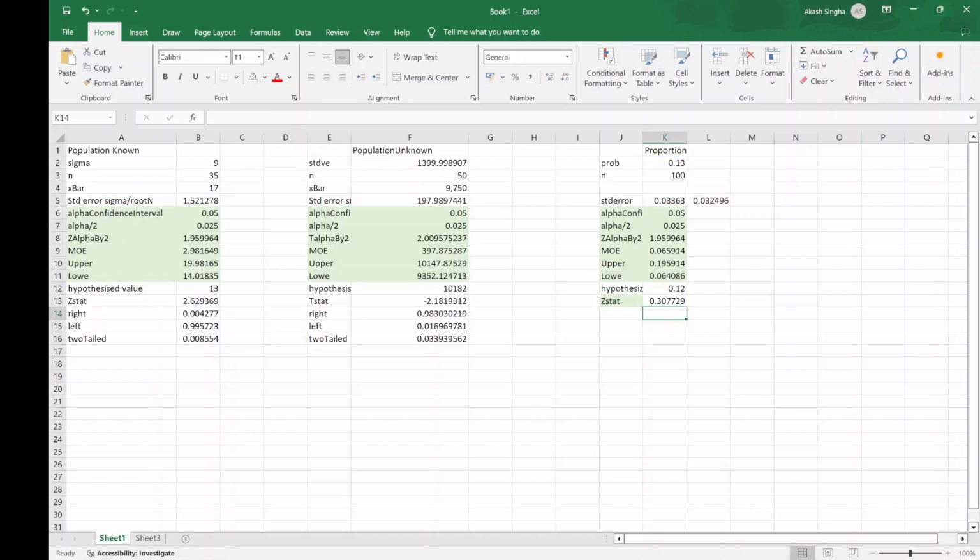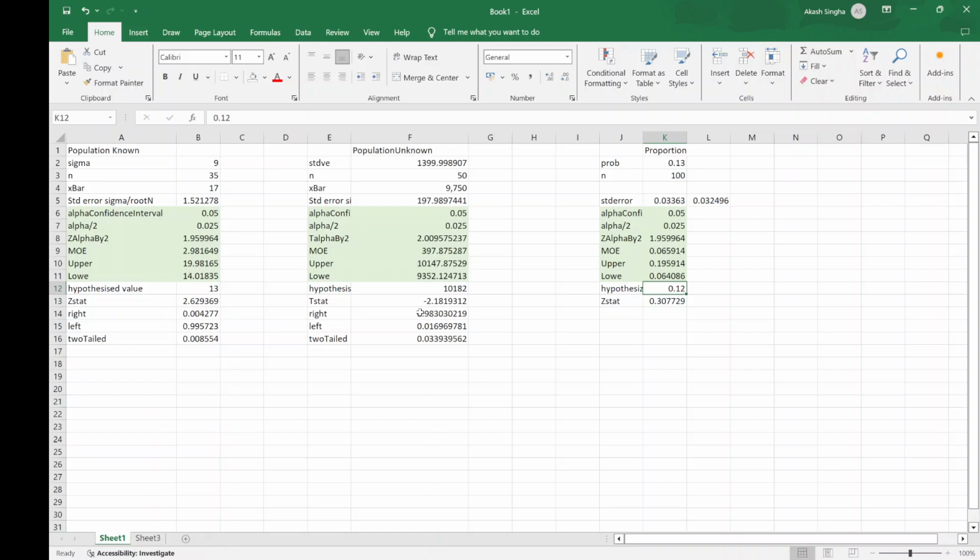So yeah, another thing to remember, if it is about confidence interval and everything, the standard error is calculated based on the sample probability, and if it is hypothesis testing, the standard error is calculated based on the hypothesized value.